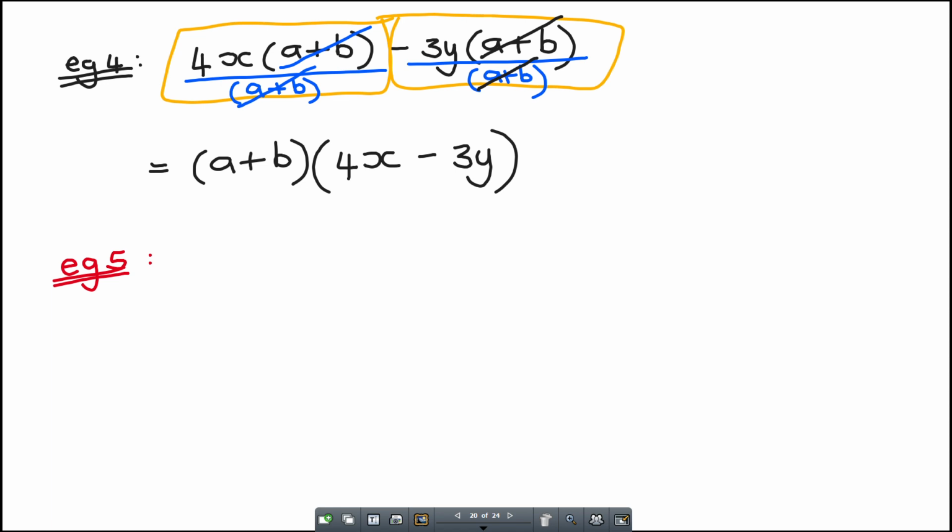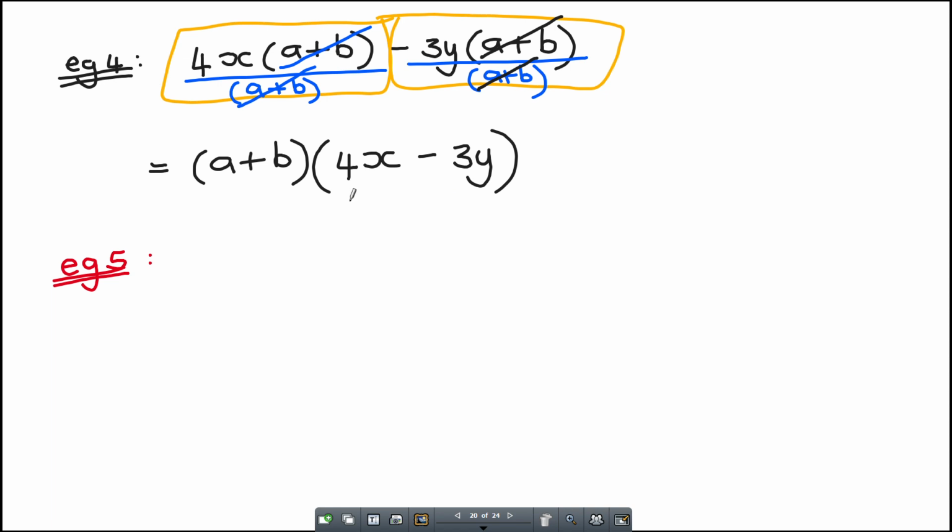Did you see that the a plus b was the same for both sides? So over here, I wrote my common factor, even though that's a full bracket. It can be like that. Then we start our new bracket. Now in this bracket, we write what's left after we've taken out that common factor.